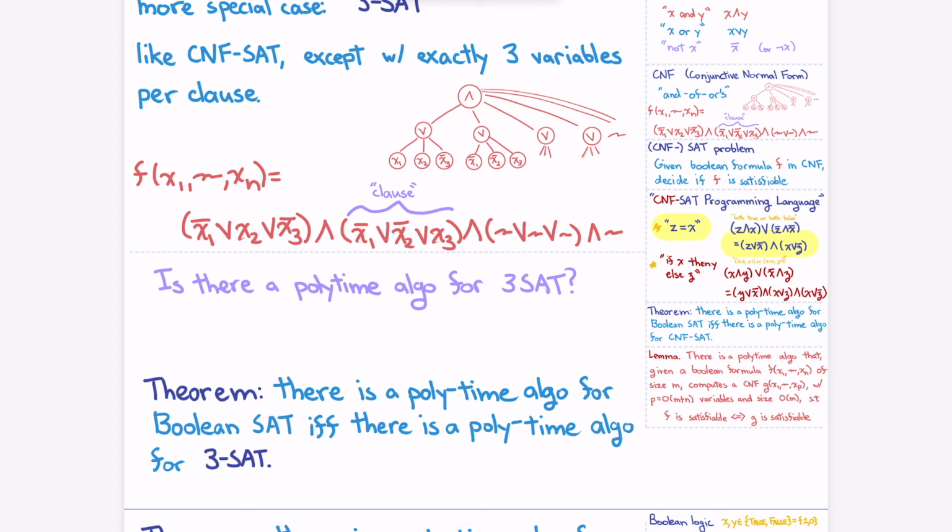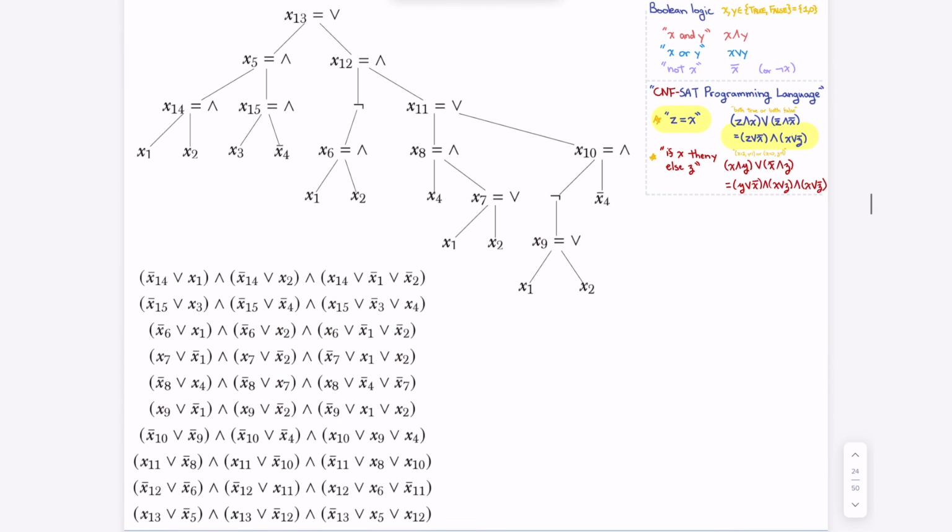So not only is it in CNF form, so it's this very flat tree, but you only have three variables in each one, and you're still stuck. Yes. So in our case, the first preprocessing step is to turn it into a binary formula.